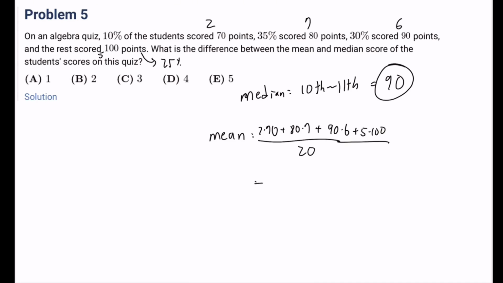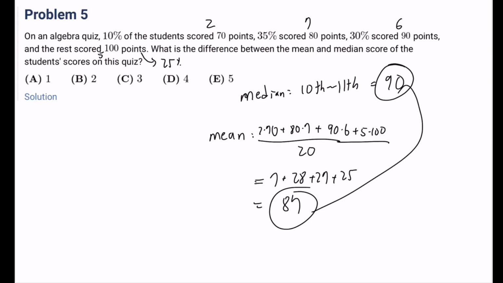So this is going to be equal to 7 plus 7 times 4, that's 28, plus 3 times 9, that's 27, plus 5 times 5, that's 25. So that's equal to 87. And so this is our mean, and the difference is 3. So that's our answer, it's C.